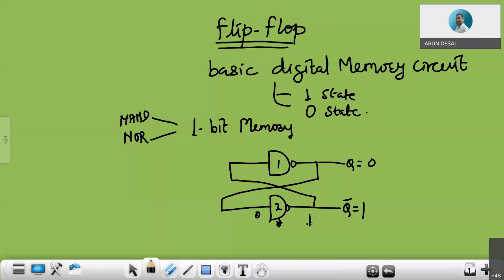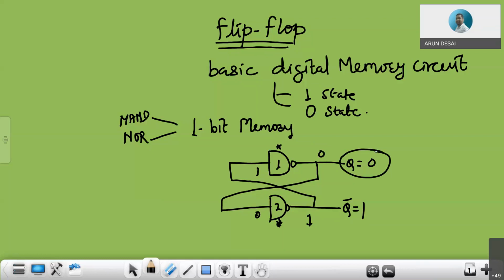If this output of the second NAND gate is one, then the input of the first, connected as the output of the second, becomes one, right? If this is one, G1, the first NAND gate, is an inverter again, so it inverts to zero, right? So this value holds there.